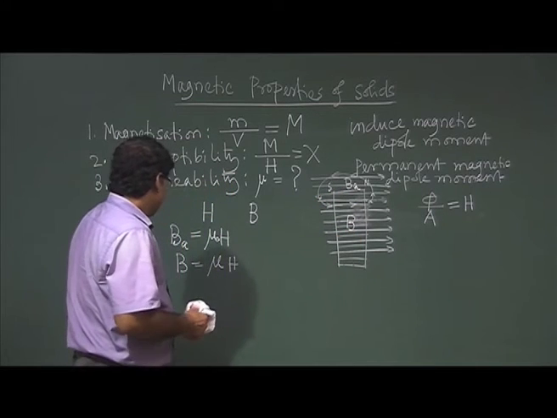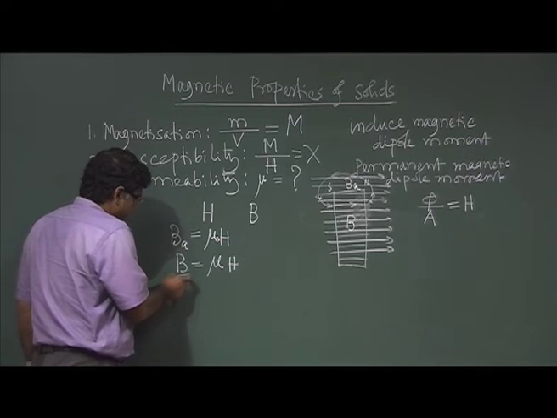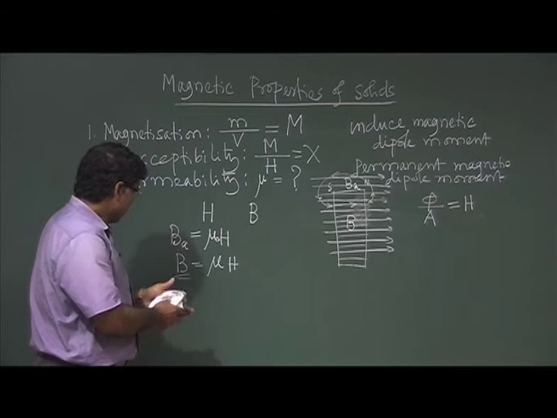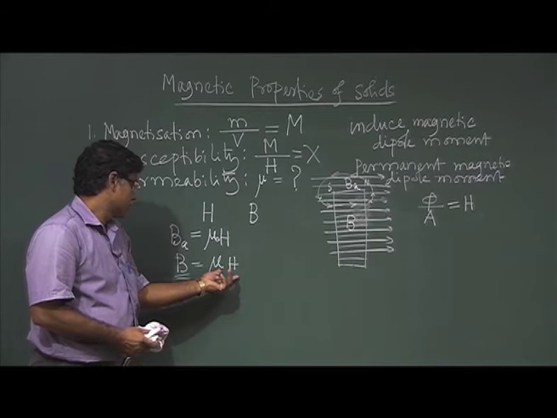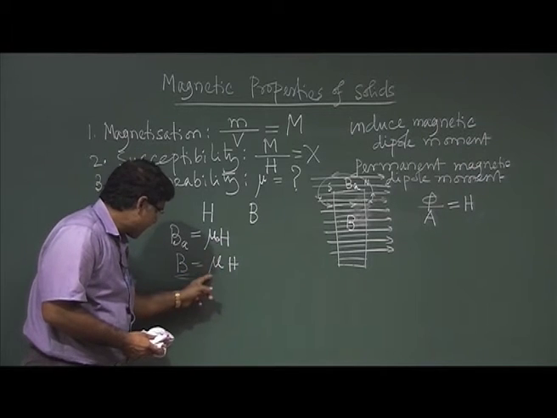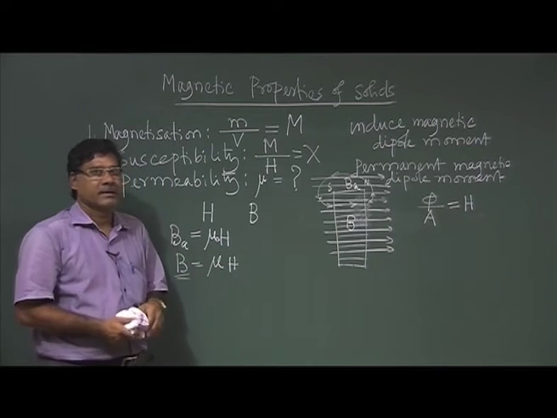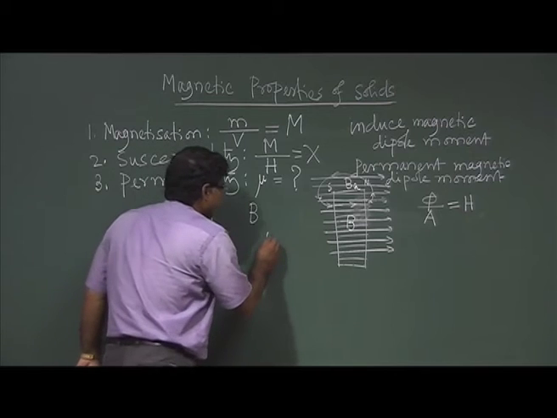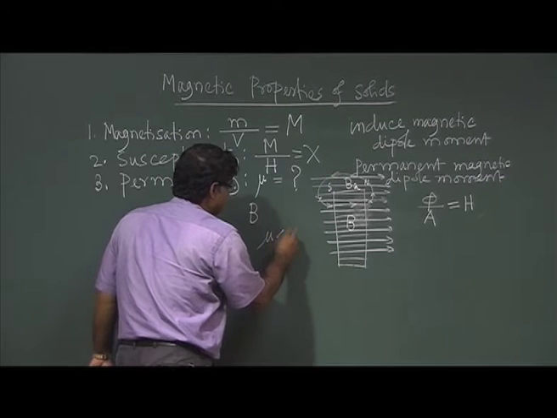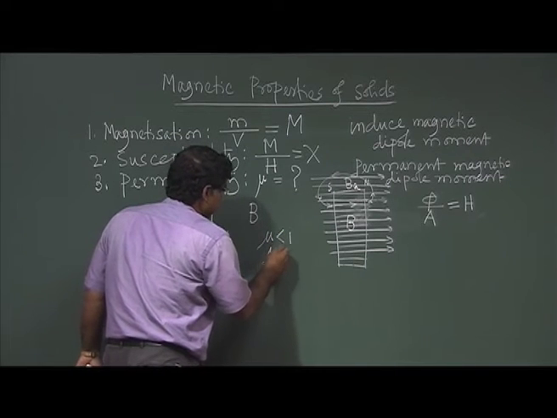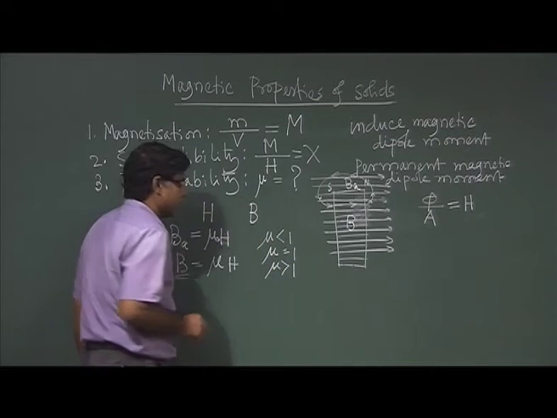Okay. So basically this field will be enhanced due to this factor, or it will be reduced due to this factor, depending on whether mu is less than 1, or mu is equal to 1, or mu is greater than 1. Okay.